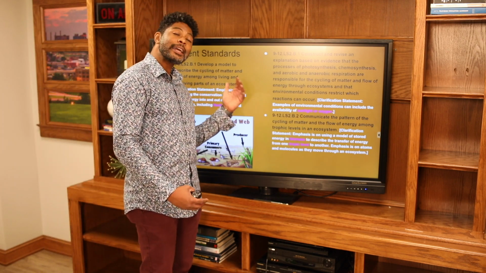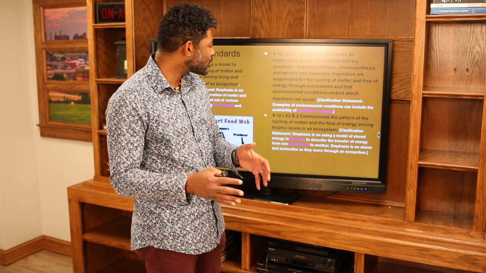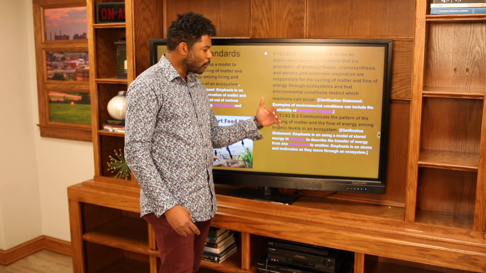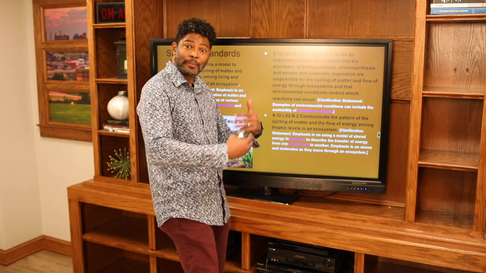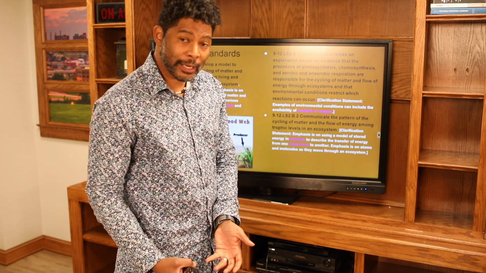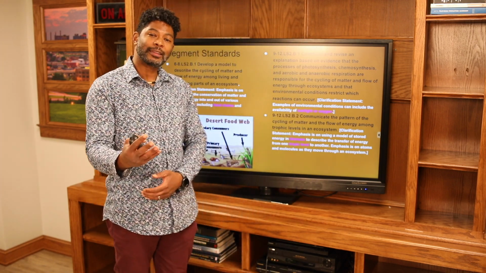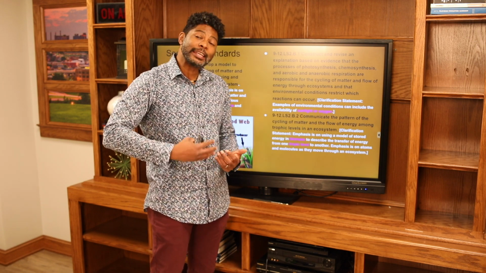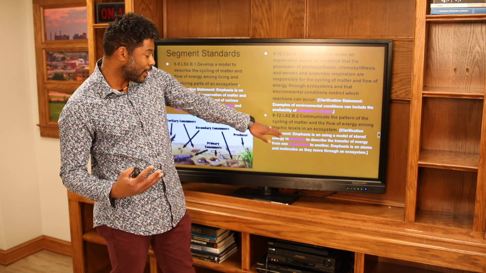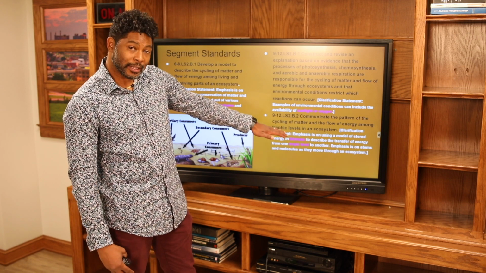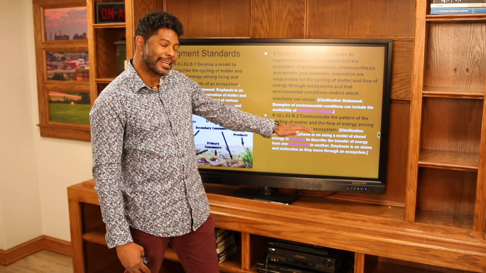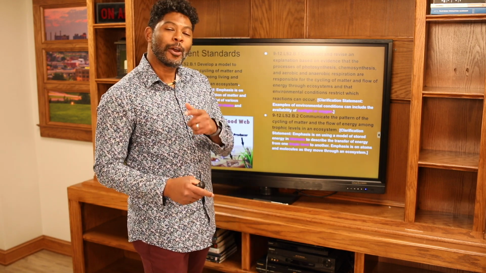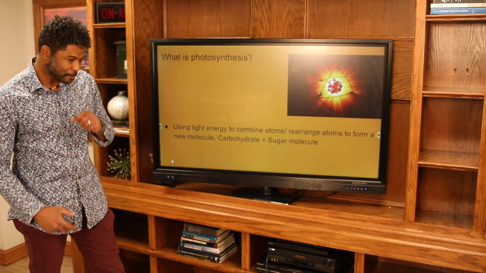If we look at high school, we get even deeper in the discussion, and now we're really looking at how energy gets from the sun to organisms based on the type of organism that's bringing in that energy, in addition to looking at the trophic levels or feeding levels in an ecosystem. Now, there's a lot there, but just stay with me. We're going to go over it in a second.